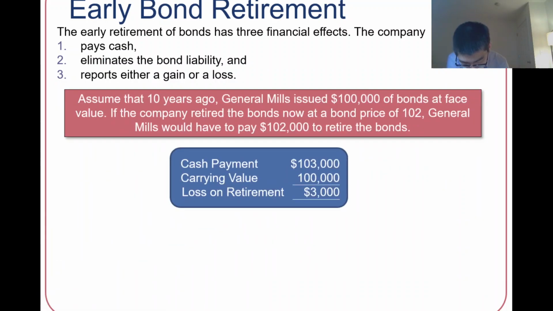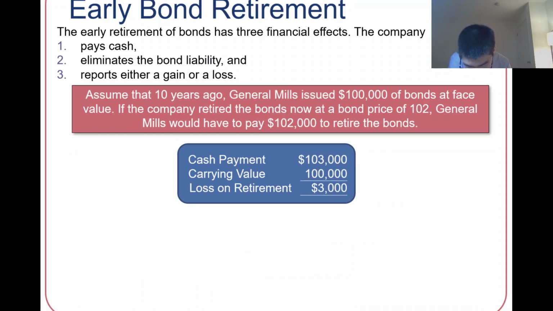Okay, so here, assume that 10 years ago General Mills issued a $100,000 bond at face value. If the company retired the bond now at a bond price of $102, General Mills would pay a total of $102,000 to retire the bond. Why do we have to pay more than the bond face value?